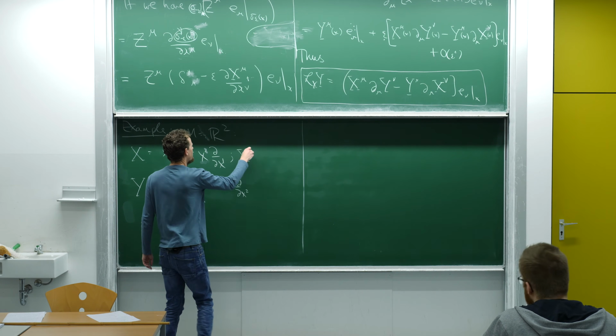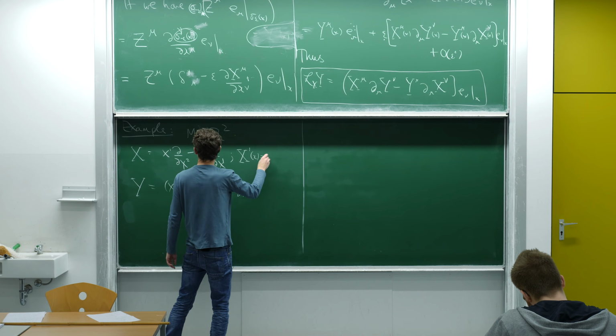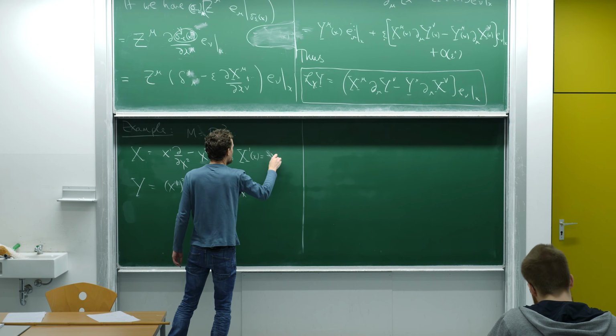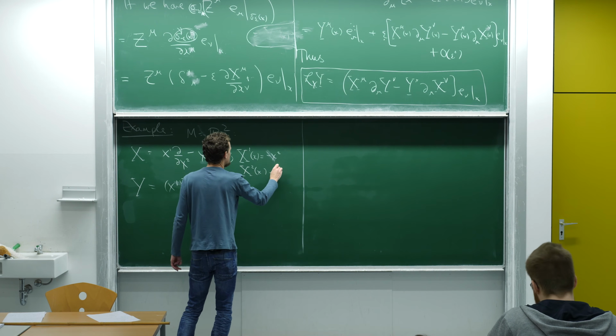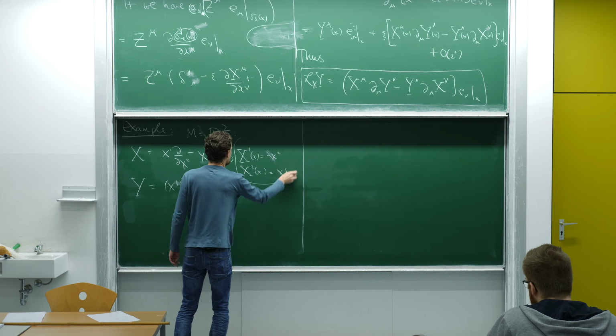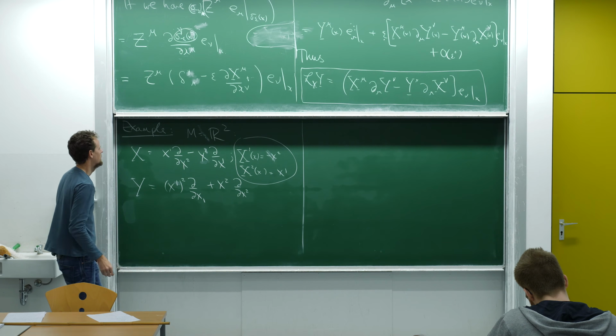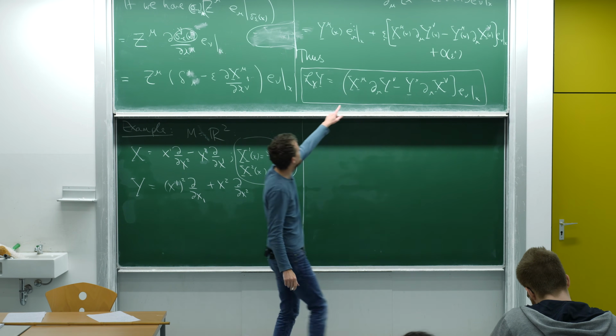So that means that X^1 as a function of the argument is minus x2, and X^2 as a function of the argument is little x1. Because we're going to need that when we go to this formula here.